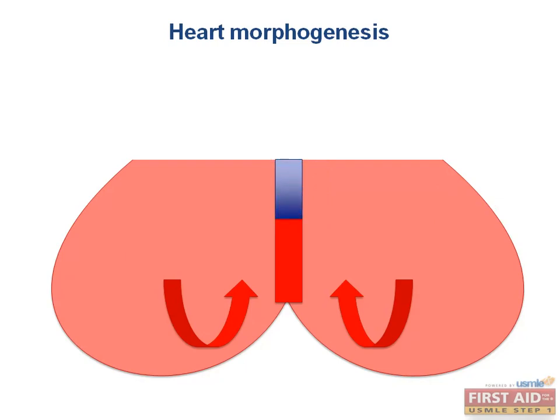Now what is important to note is that the endocardial cushion forms a membrane. It is not pure muscle like the interventricular septum that was formed by the growth of the muscle from the right and the left ventricles pushing up towards midline.